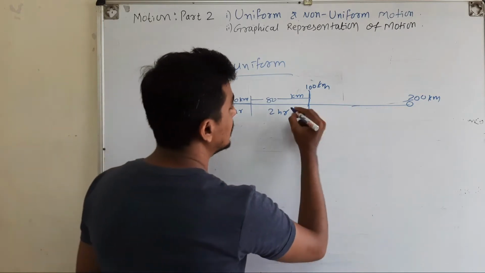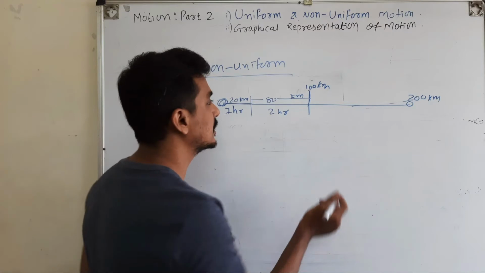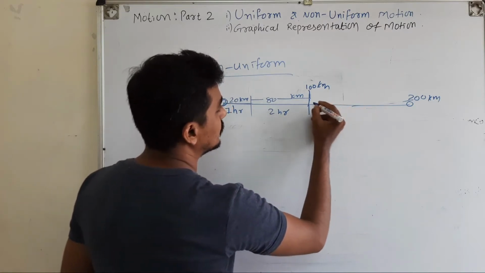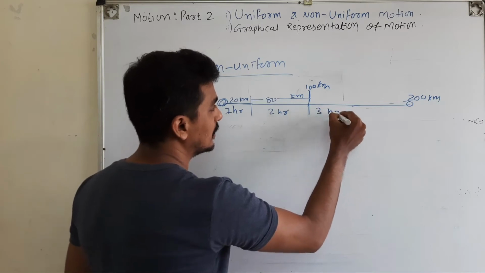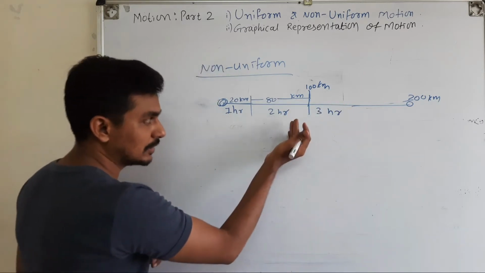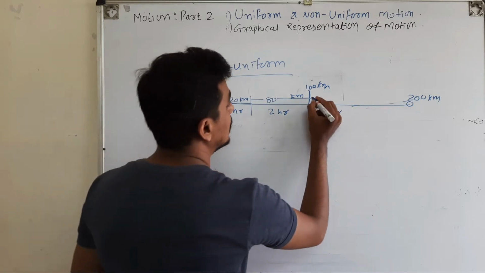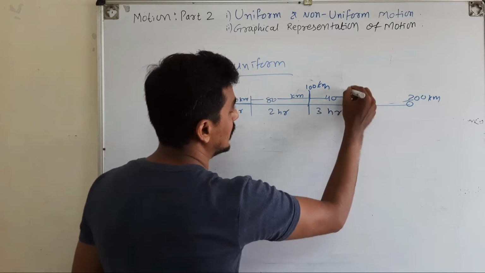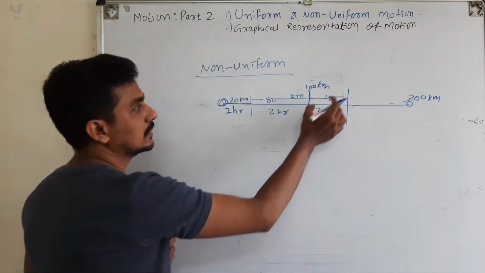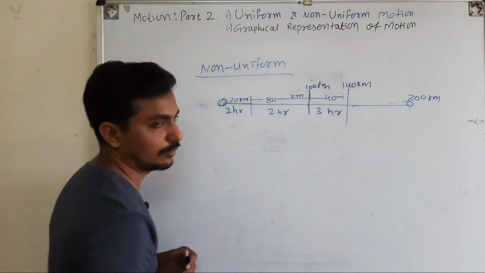Then you are stopping at a hotel and going for lunch or something. In the third hour, suppose you have covered a distance of just 40 kilometer. So the total distance covered is only 140 kilometer.